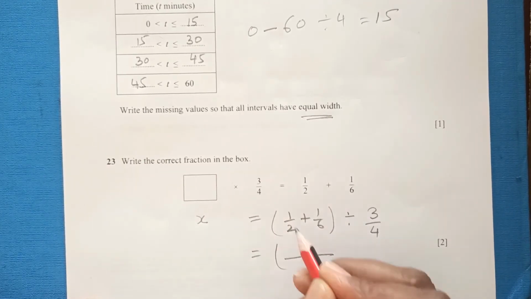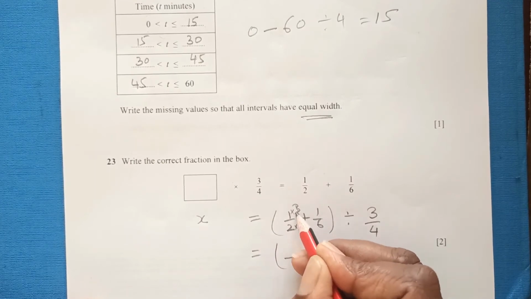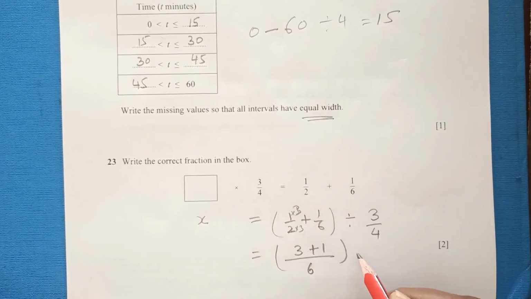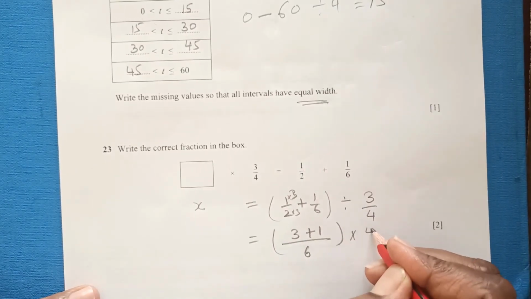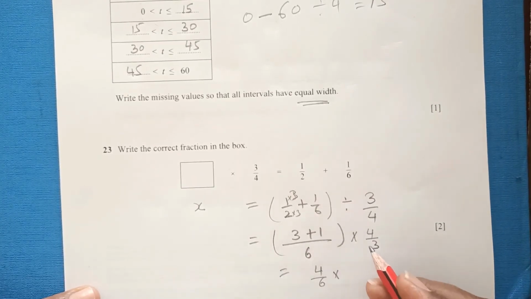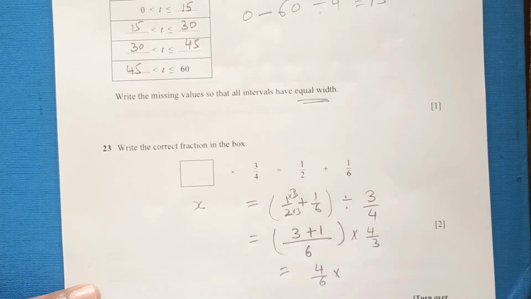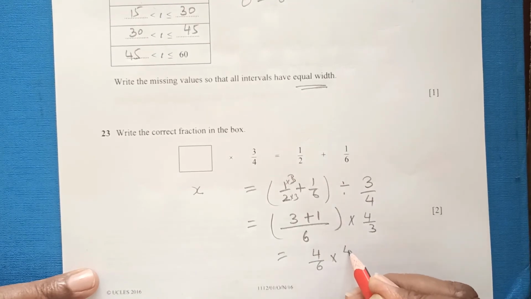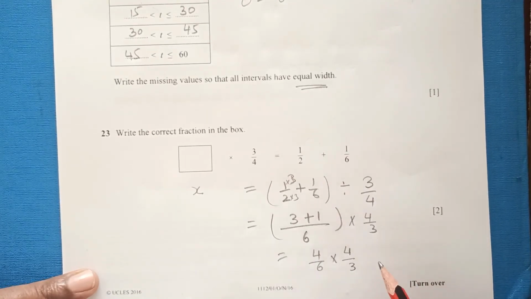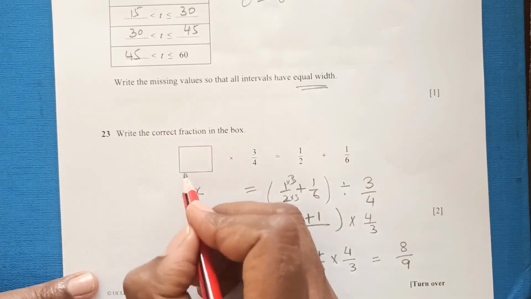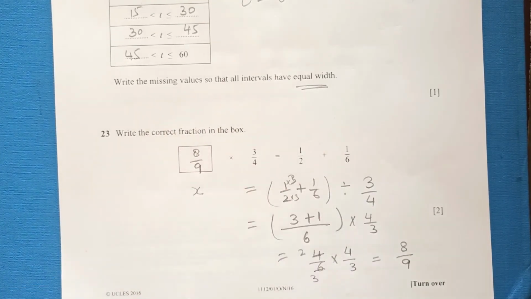So it will be 3 plus 1, which is 4 over 6, times 4 over 3. So 2 times 2, 2 times 3. So this is 8 over 9. So in the gap we will fill 8 over 9.